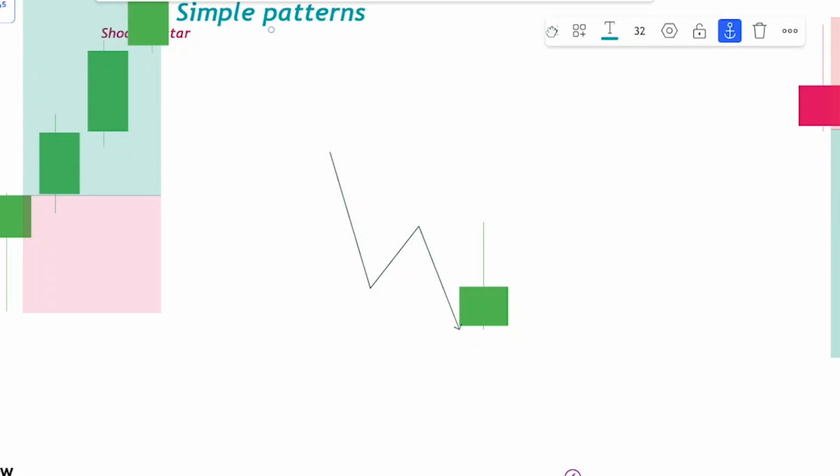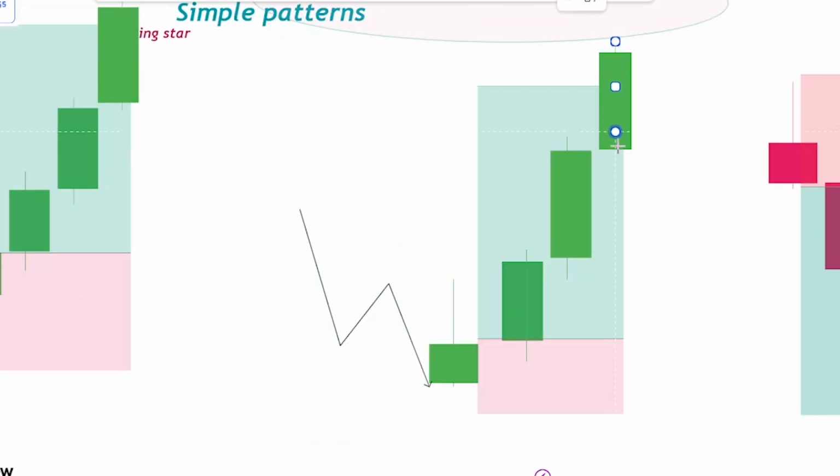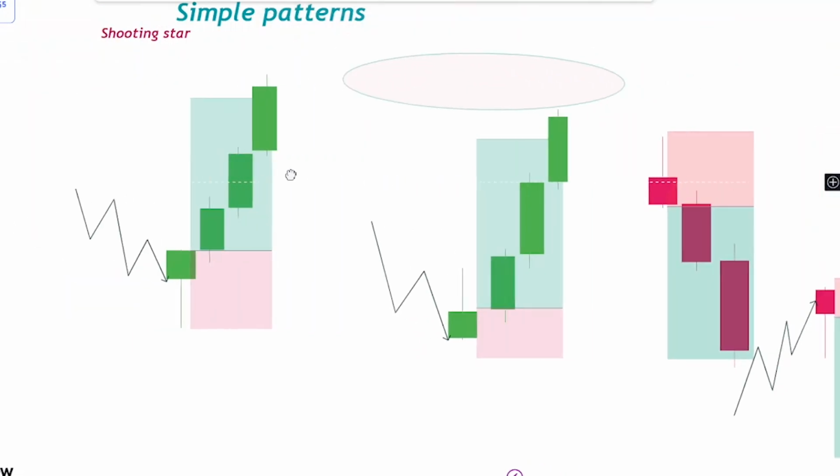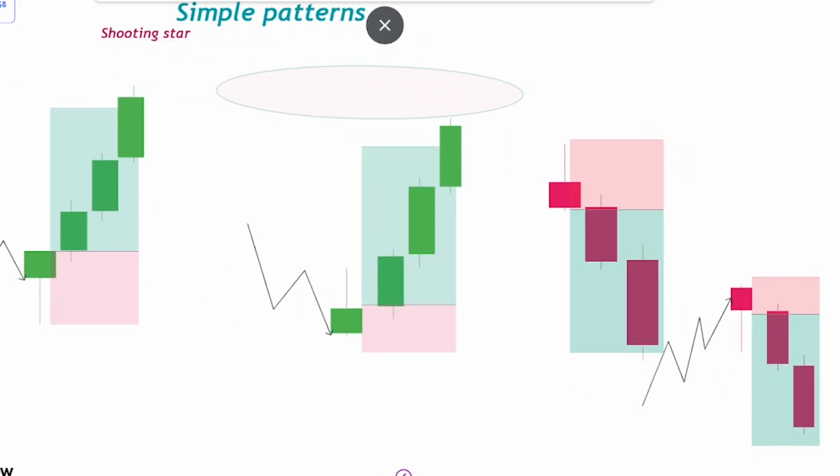When you see this candlestick, this is a signal that the market is going to be changing the direction to the upside. So we enter for buy from this area, anticipating the market to move up. That's how we get a signal from simple candlestick patterns, indicating a buy or sell in the market.